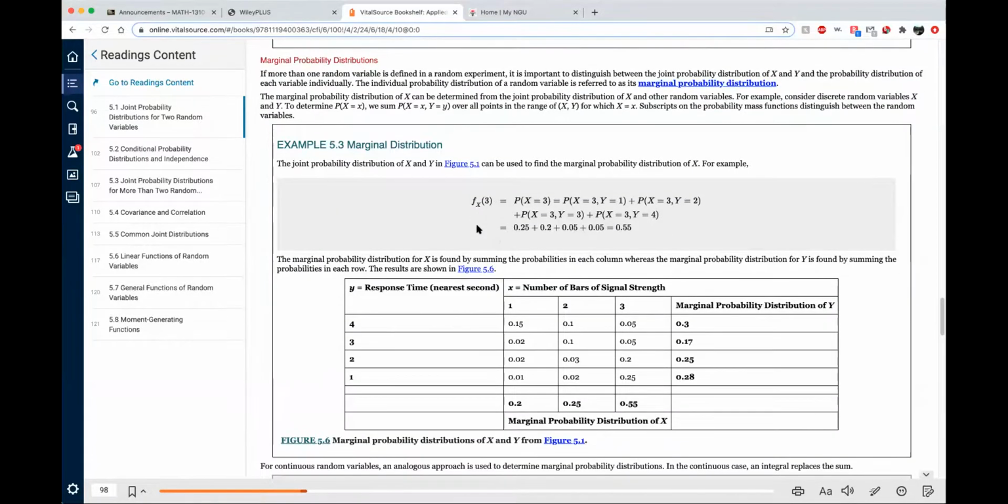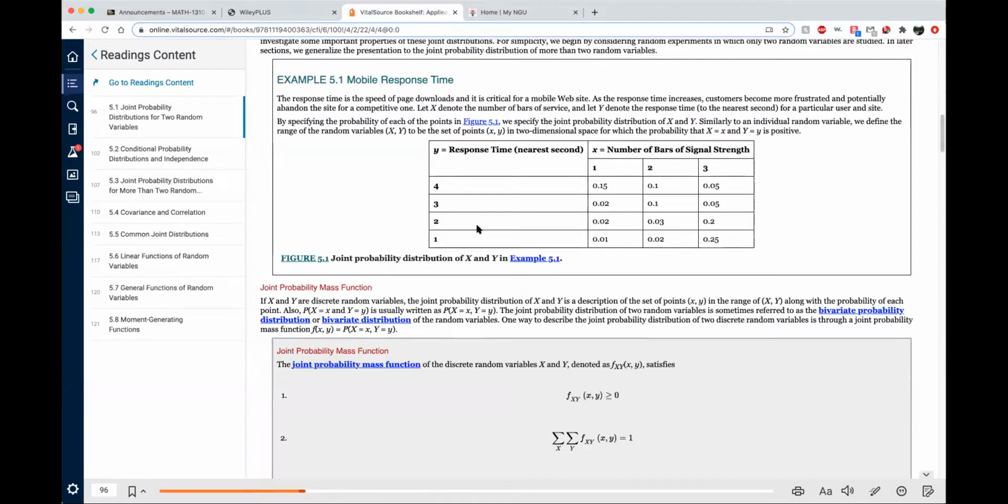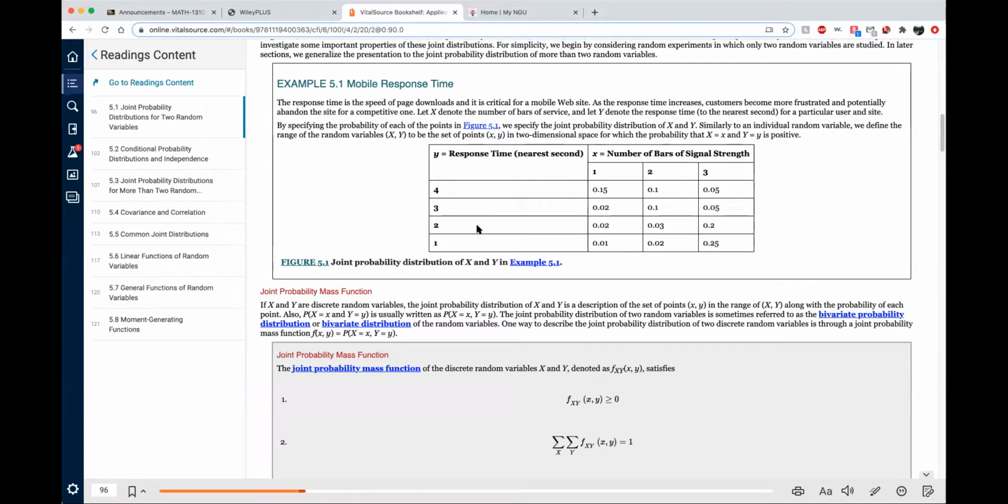So now, here's a question. The joint probability distribution of x and y in figure 5.1. We saw figure 5.1 last time. This is a table depicting the relationship between response time and the number of bars of signal strength.